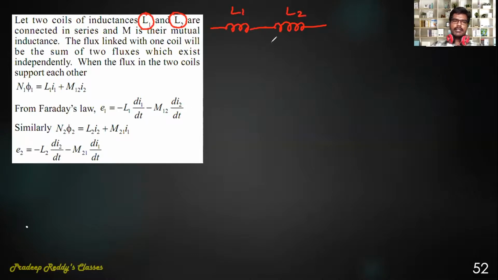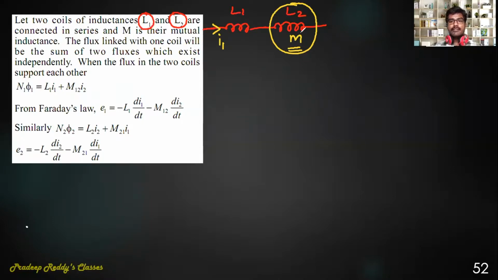So when these two are connected in series, their effective inductance would be L1 plus L2. However, when current is passing through this first inductor, there will be mutual induction in the second inductor.